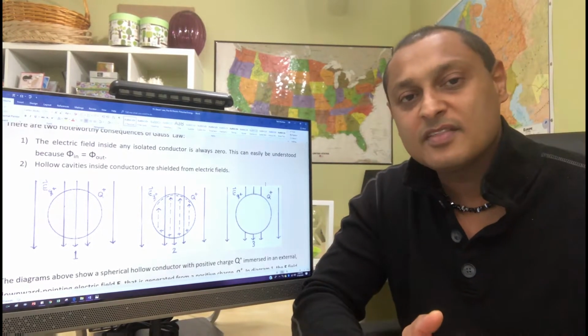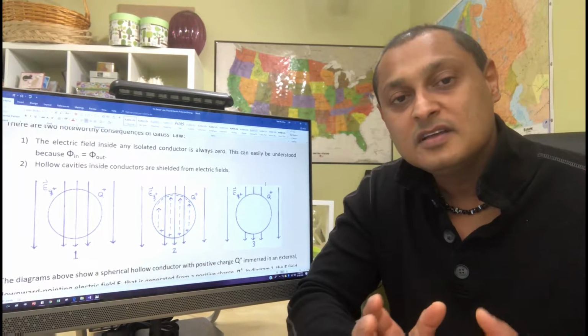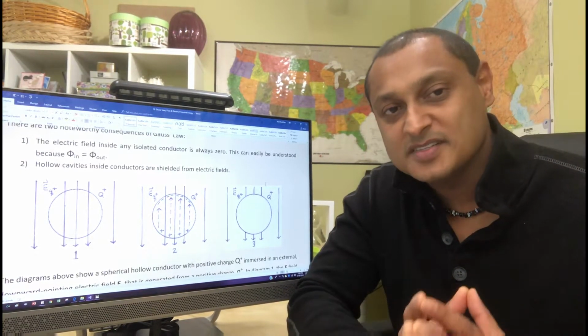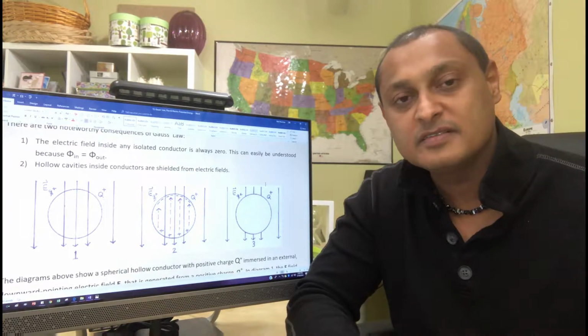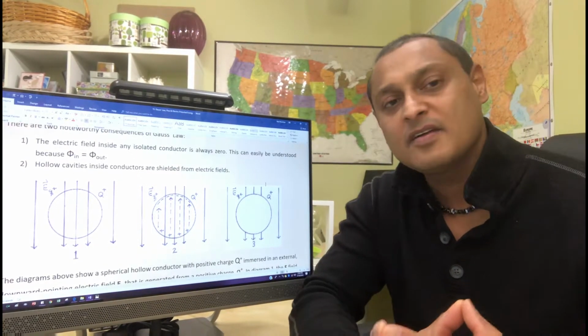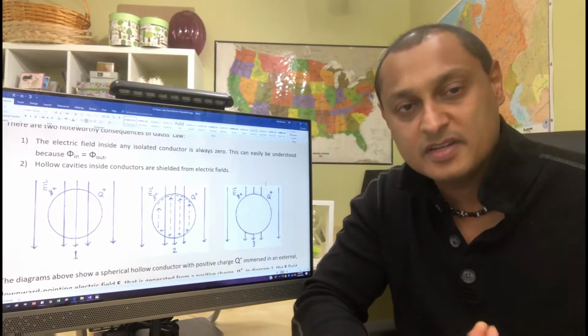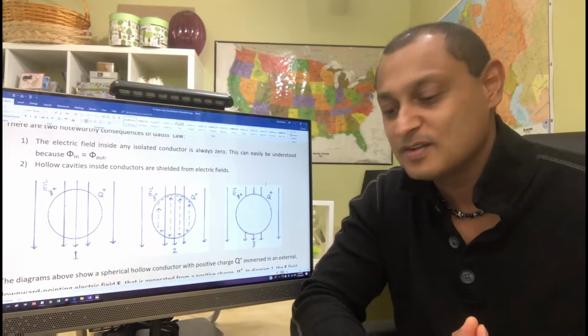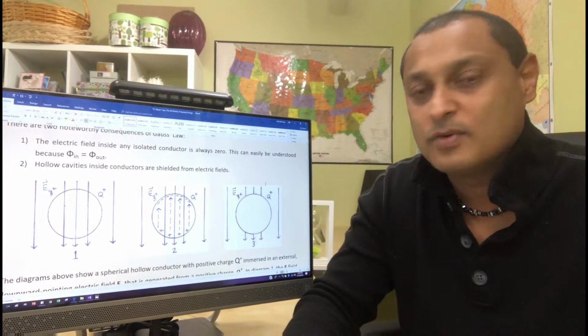When you add those two together, the result is zero. So any hollowed conducting surface in the presence of an electric field has zero net field within the conductor. That's actually a very important conclusion, and it'll become evident why as the reader goes through the details. It has applications in a variety of ways.